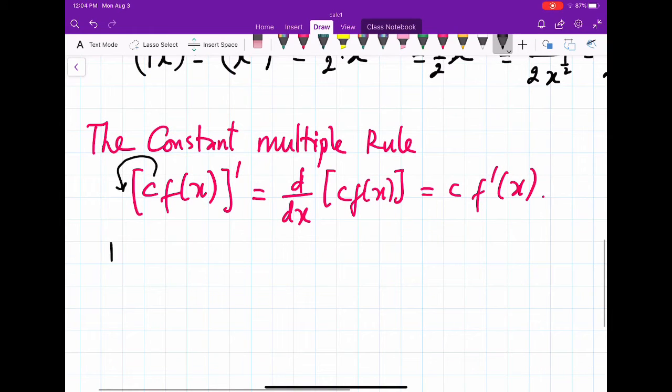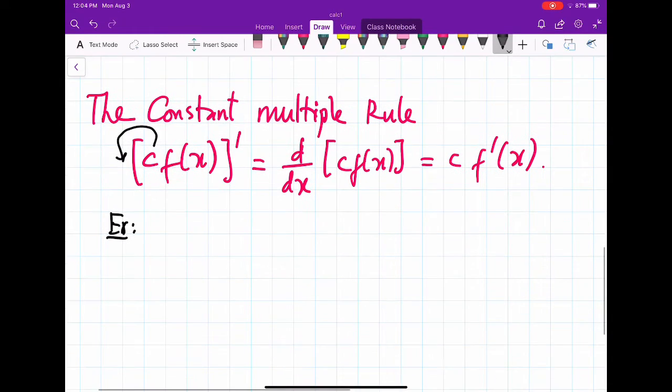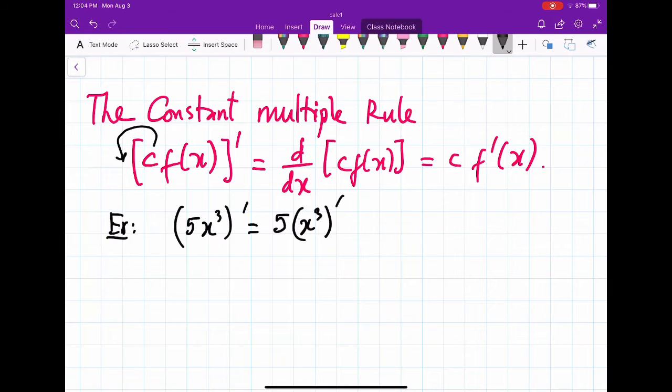Let's consider the following example. Let's find the derivative of 5x cubed. Since 5 is constant, I take that out. I have 5 times the derivative of x cubed, and I use the power rule for x cubed.